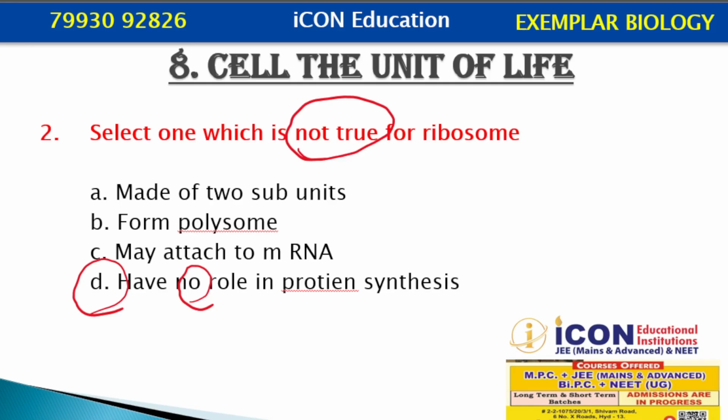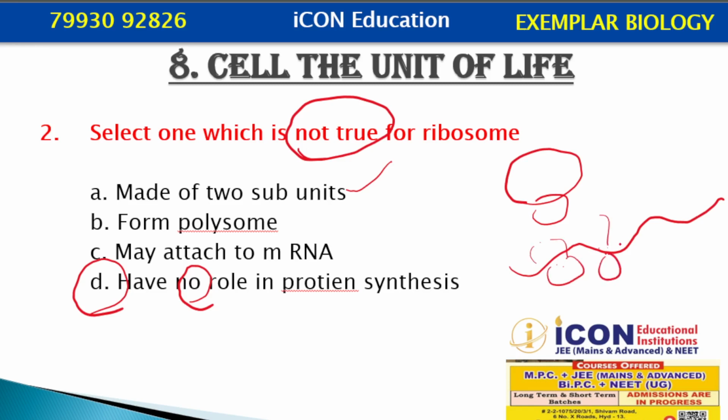Now look at the first. They are made up of two subunits. It is correct. Ribosomes have a larger subunit and a smaller subunit. Form polysome. This is also correct. Many ribosomes get attached to a single messenger RNA.